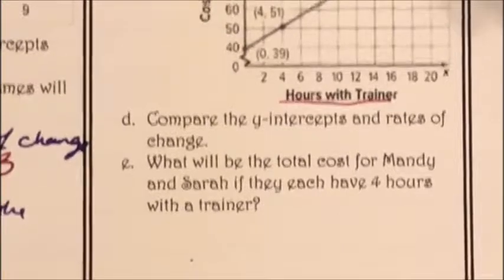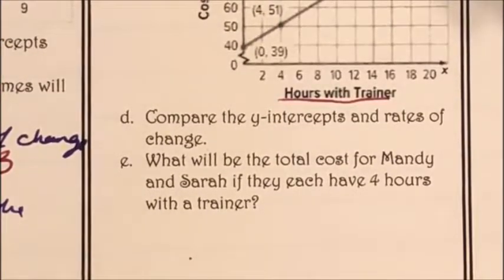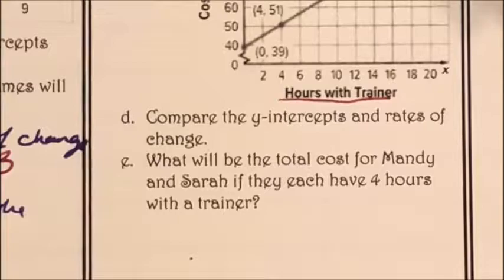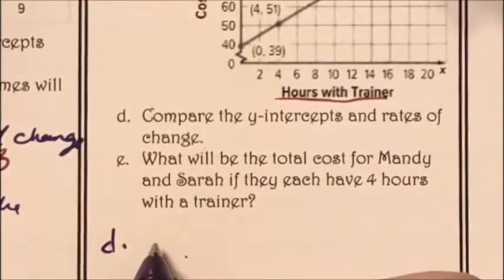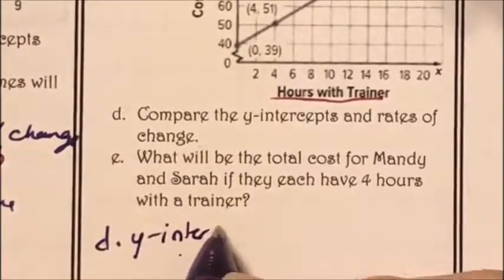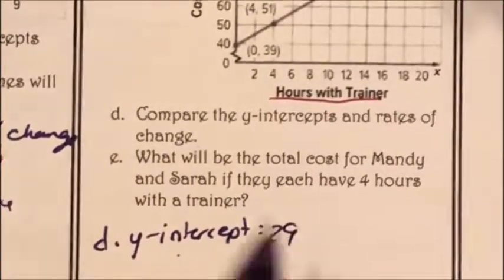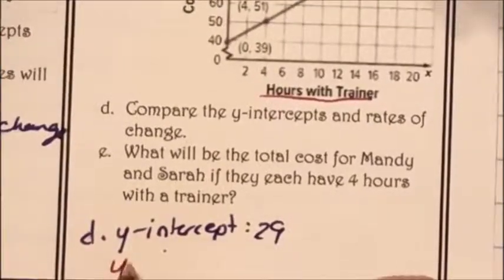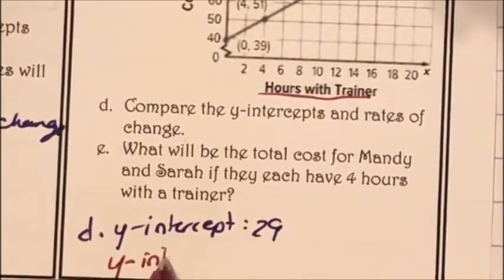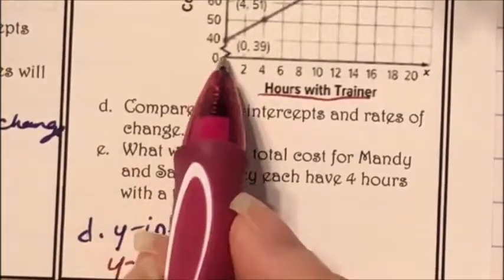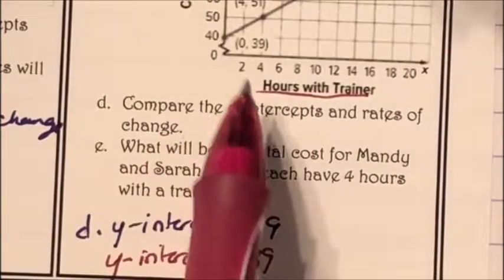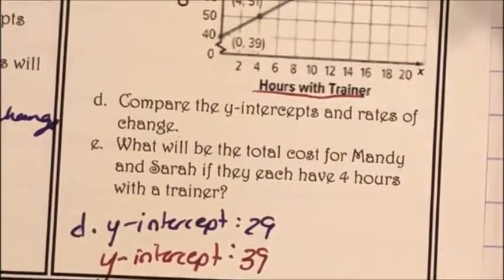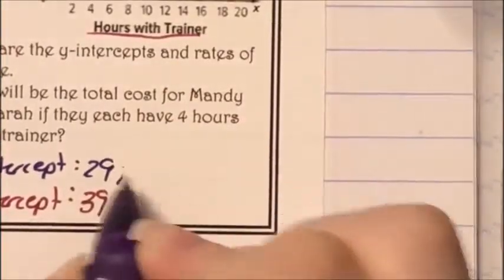Okay, so letter D says compare the y-intercepts and rates of change. So for letter D, I have a y-intercept for my first of 29. That's from Mandy. And then Sarah's y-intercept is 39, if I look at the graph. Okay, so it's right here, 39. All right, my rate of change.